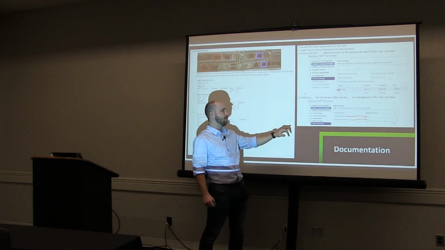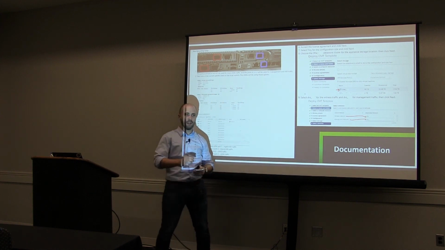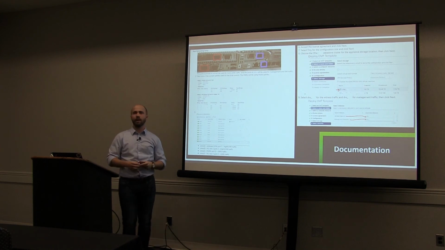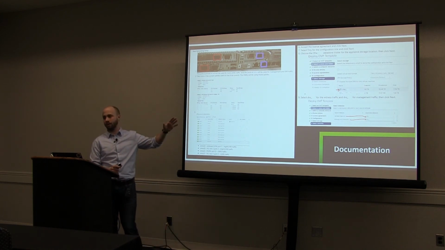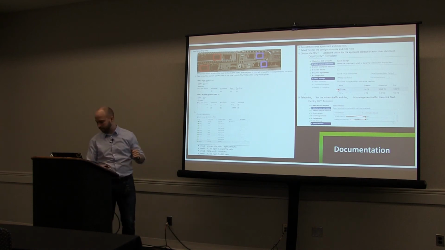These steps over here are if you were to manually deploy the witness appliance. It's screenshots of every step along the way and things that you need to enter. Again, the actual contents of these slides are not important and wouldn't necessarily apply to your environment, but the important thing to remember here is the level of detail that you should be going to with your documentation.